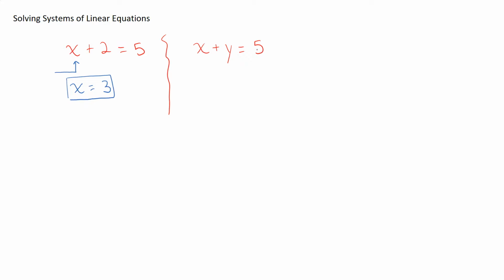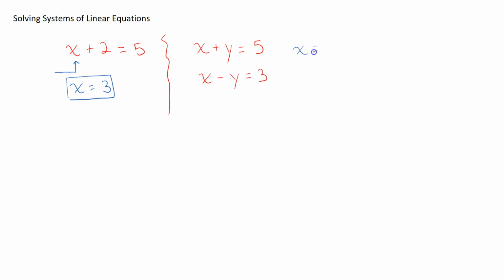So maybe we might also say that x minus y is equal to 3. You could always try to guess and check these. Again, 3 plus 2 is 5, but 3 minus 2 is not 3. 4 plus 1 is equal to 5, and 4 minus 1 equals 3, so we might say, oh, that might be the answer.